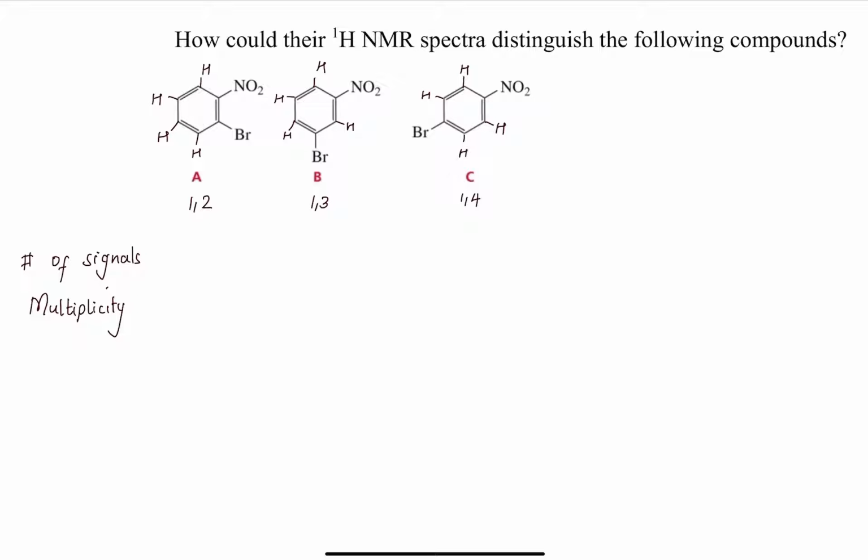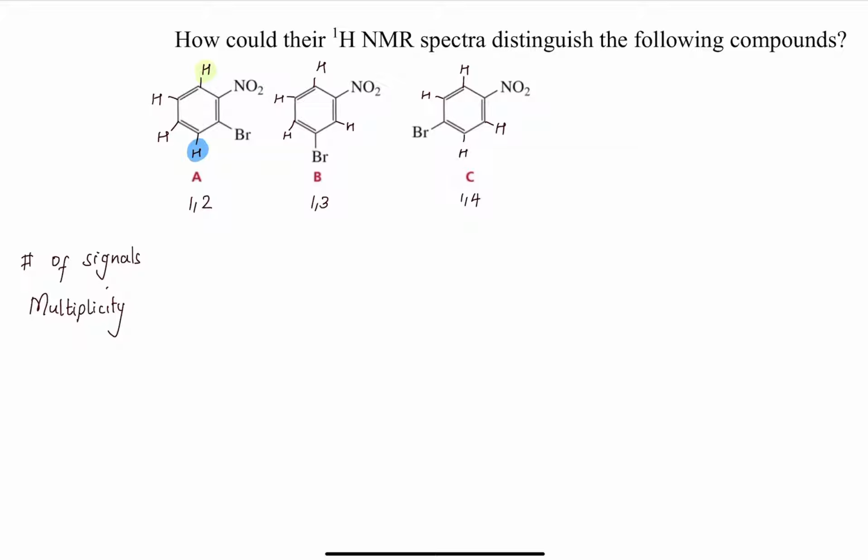Let's take the very first compound, the 1,2-substituted bromonitrobenzene. In this compound, there are going to be 4 different protons. Let's identify them. This hydrogen is in the ortho position with respect to the nitro group, and it's definitely different from this hydrogen, which is ortho to the bromine group.